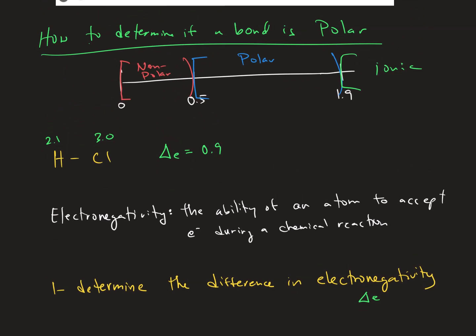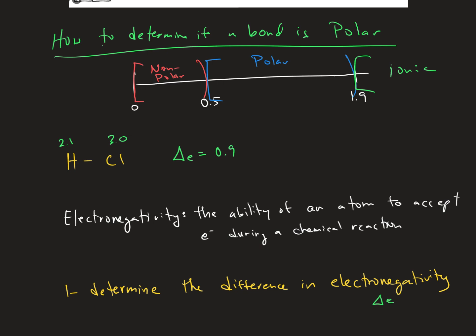So what do you think? Is the HCl bond polar or nonpolar? It's somewhere right here, so this is a polar bond. Who wants to take those electrons more? Chlorine. So we say it has a dipole, and we draw it as a vector or an arrow, meaning that's where the electrons are going.